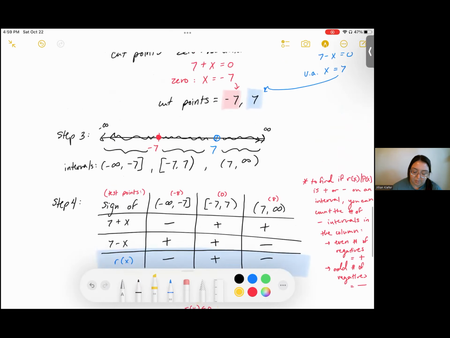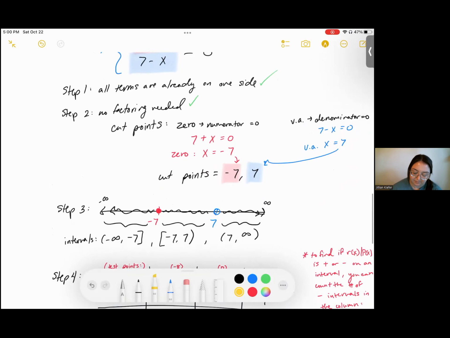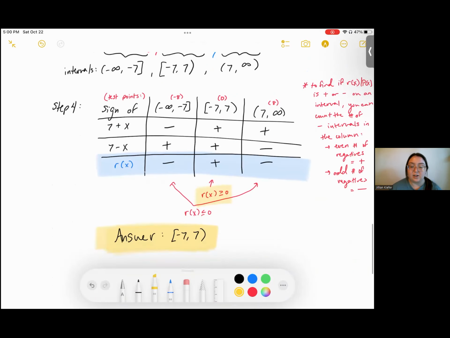We want to remember that our function can be equal to 0, but it can never equal the vertical asymptote. So it can be -7 and it can't be 7, which means parentheses go with 7 and brackets go with -7. Looking at our answer there, that matches. -7 is included and 7 is not. So there we have it.